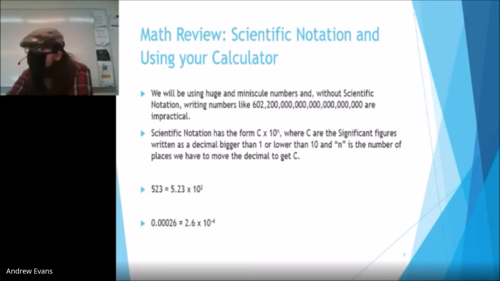You got to know how your calculator understands the math, so that you don't end up punching in something in the wrong order and confusing the calculator. Because how we write it on the board, how we write it on the paper, is not always how we type it in the calculator, because the calculator is dumb.